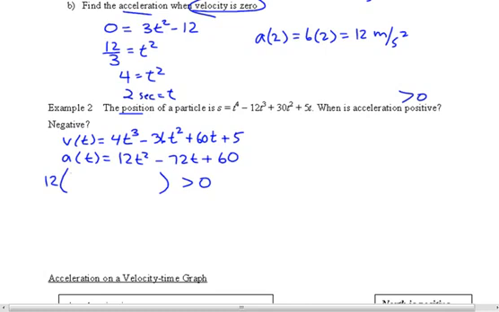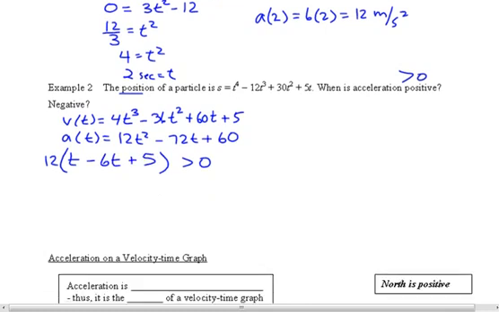If I can factor out 12, is it 5? No, it's 6. Thank you. Plus 5. Okay, two numbers that multiply to 5 and add to negative 6: negative 5 and negative 1.